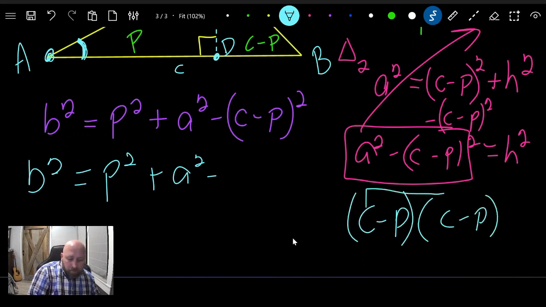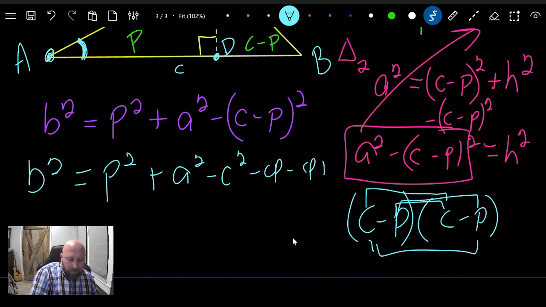So first gives us C squared. Outers gives us minus CP. Inners also gives us minus CP. And then last gives us plus P squared. All right, don't forget that all of that we just did is still inside of parentheses.